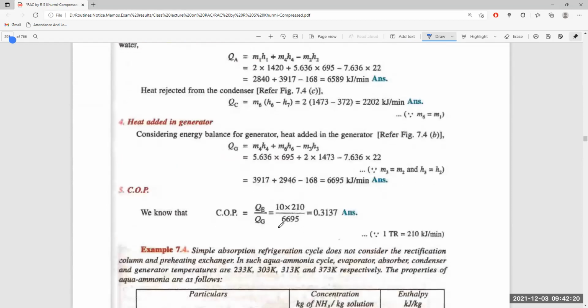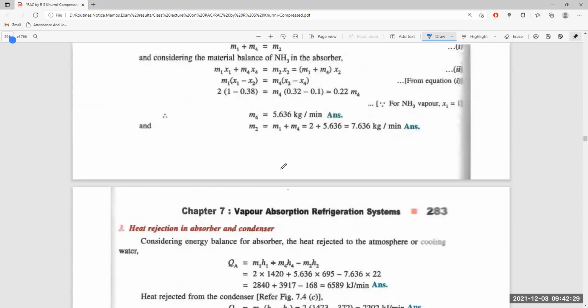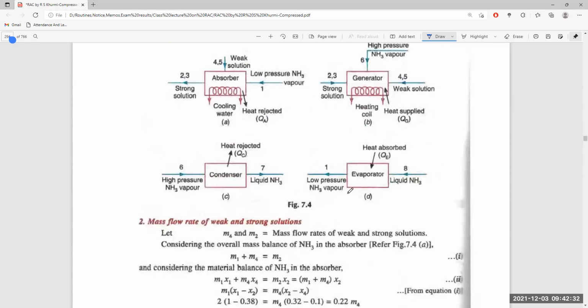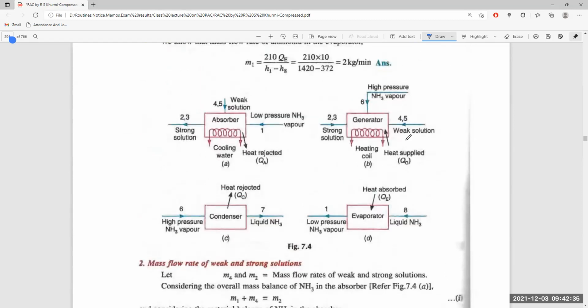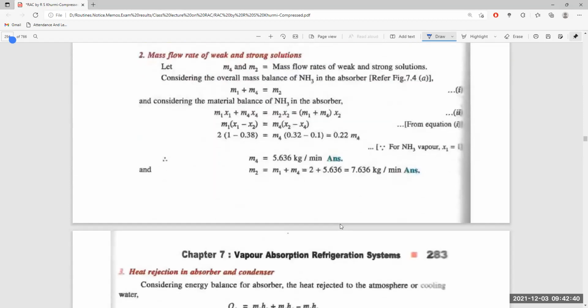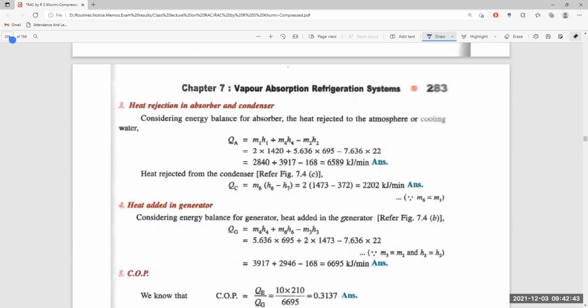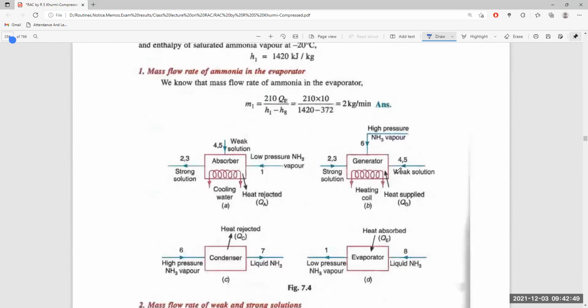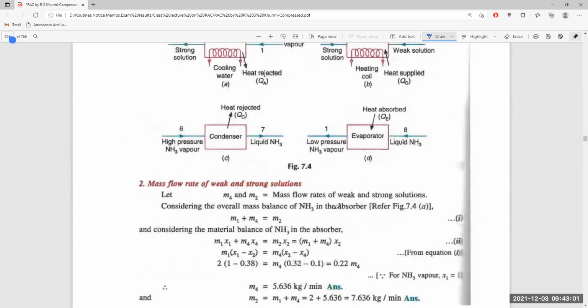Heat added to the generator, considering the energy balance of the generator. Heat added to the generator is M1 H1 plus M4 H4 minus M2 H2, where this is the weak solution M4, this is the high pressure vapor M1, and the strong solution M2 is coming inside.